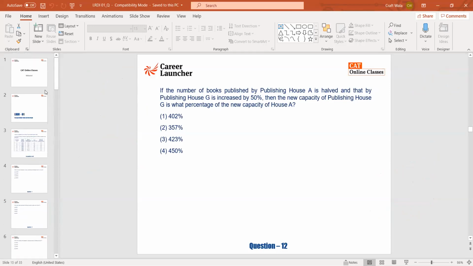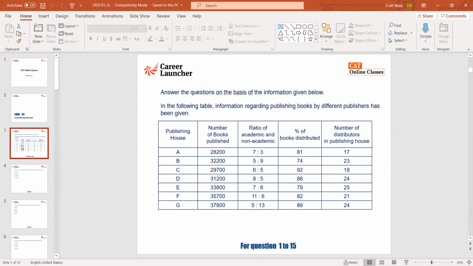So A will become half, G will become 1.5 times. So if A becomes half, that means A is now producing only around 14,000. 14,100 is what it is making. G will become 1.5 times. So this is around 38,000. 38,000 times 1.5 is 57,000.